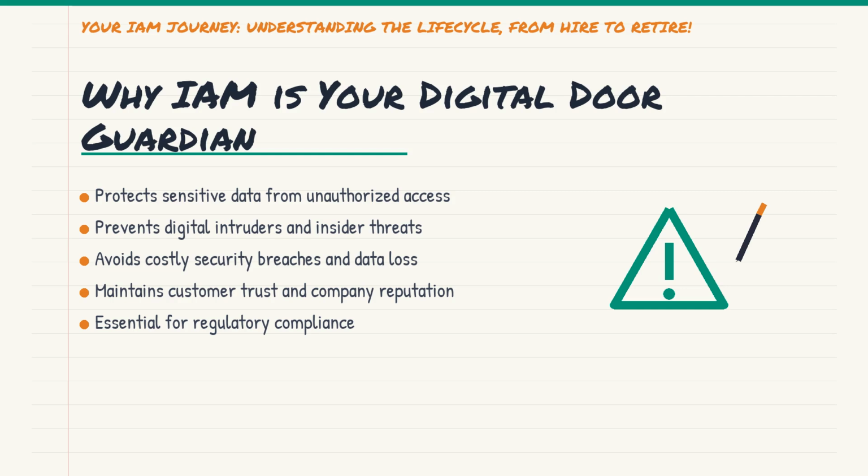Bad actors, whether they're outsiders like hackers or even disgruntled insiders, could easily walk in and take whatever they want. We've seen breaches from things like stolen credentials at major retailers, where attackers moved freely through networks for months. Good IAM is your first line of defense, making sure only trusted identities get through.